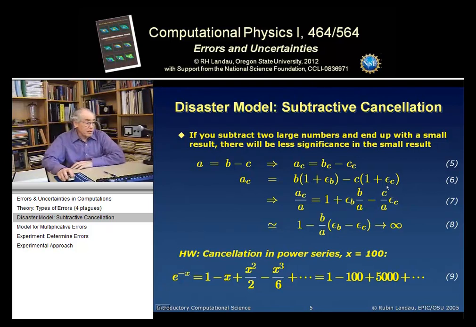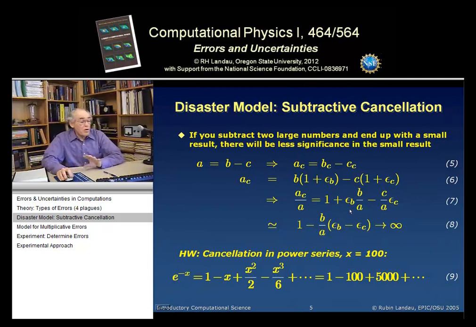So if we just do this multiplication as if this was what's really happening and divide by A, we'd see here that the relative precision of the answer, in other words, the computer's answer for A, which is A sub C, divided by the actual mathematical value for A, is equal to 1, which is always the correct answer, plus some errors which get weighted by the different values.